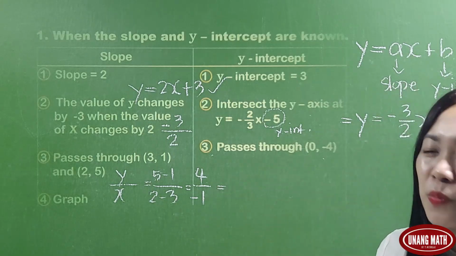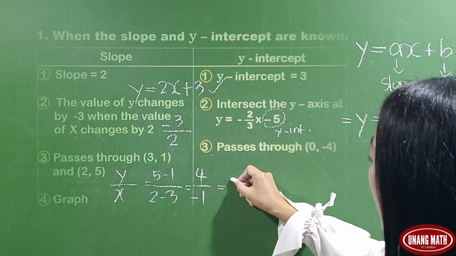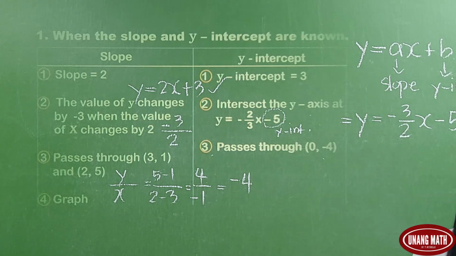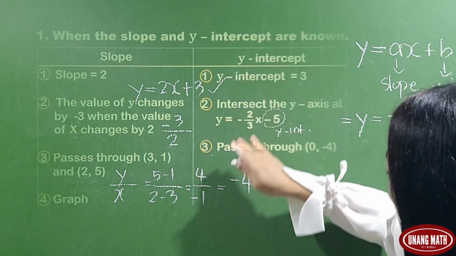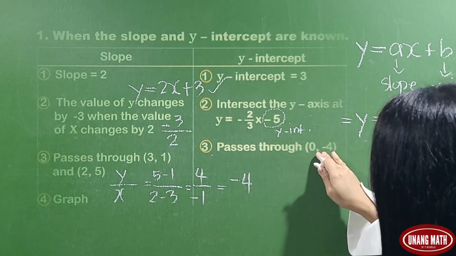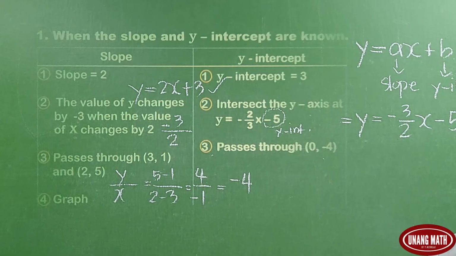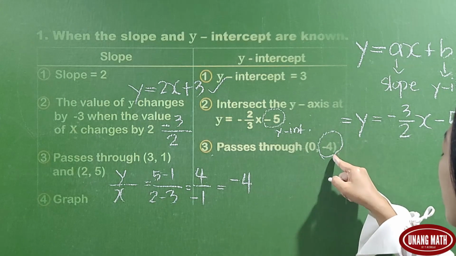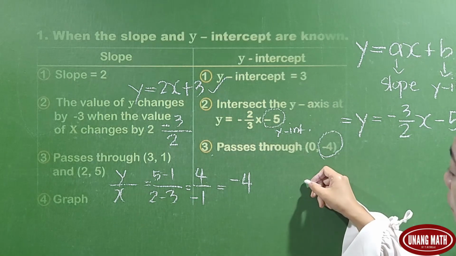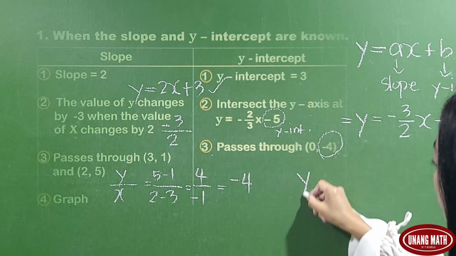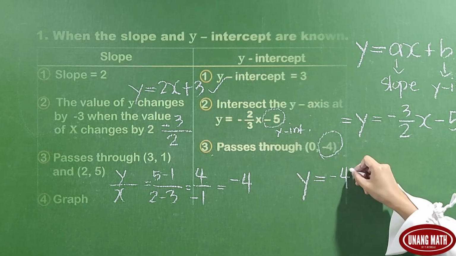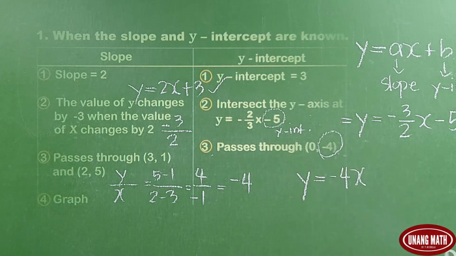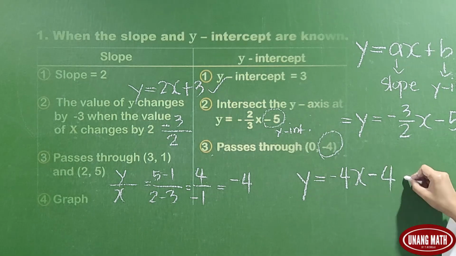So our slope would be 4 divided by negative 1. So the slope is negative 4. Okay, what about the y-intercept? The y-intercept is given this way. It passes through (0, negative 4). So it means the y-intercept is negative 4. So what will be our equation? So y is equal to, the slope is negative 4, so negative 4x. The y-intercept is negative 4, so this is minus 4. So this is now the equation.